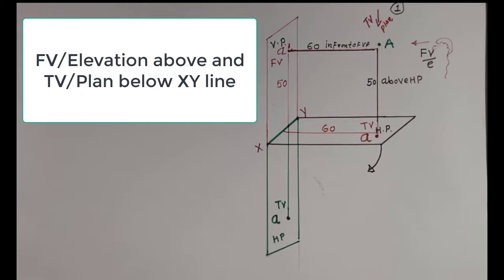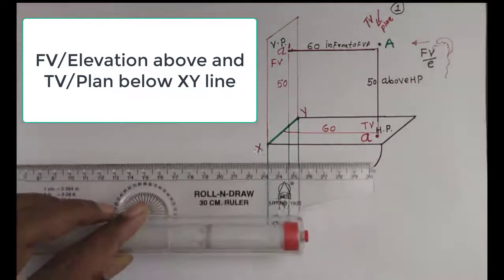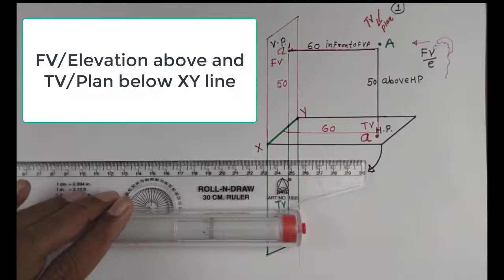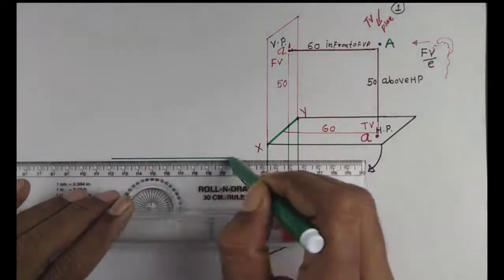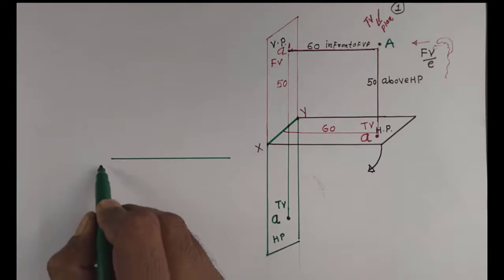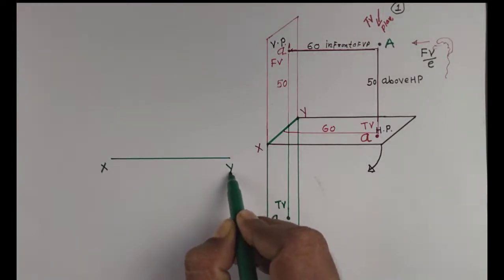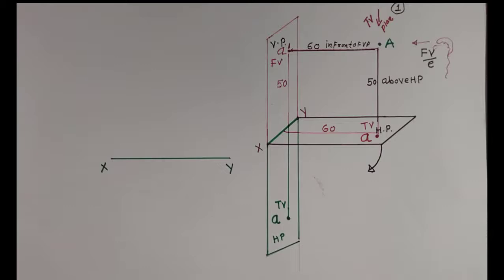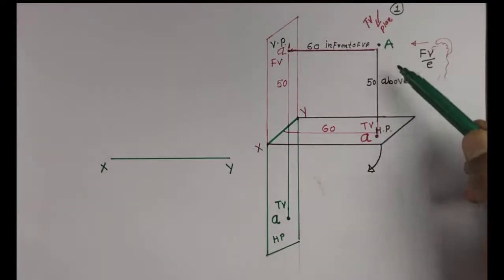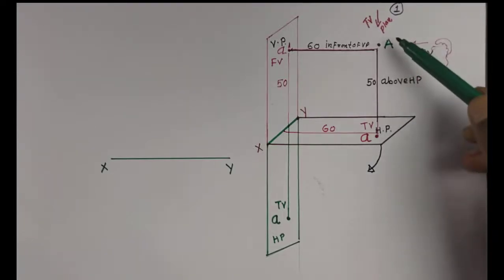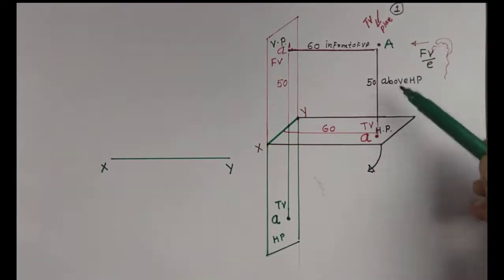Now for the answer, how to represent the answer of the problem statement. First I draw the XY line. As per the problem statement, your point A is 50 mm above HP.